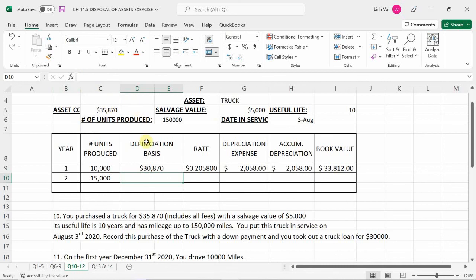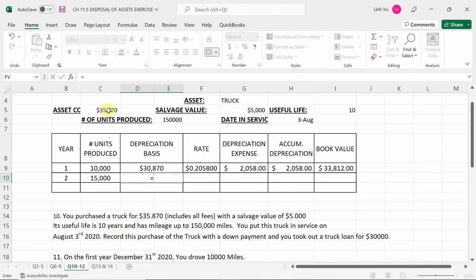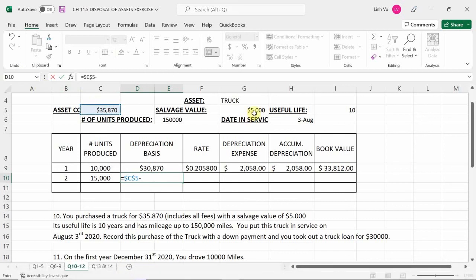Okay. Okay? Let's see. So, depreciation basis for units of production is going to be your asset cost minus salvage value. So, what's your asset cost? 35,870. What is the salvage value? 5,000. Okay, so what does that equal?